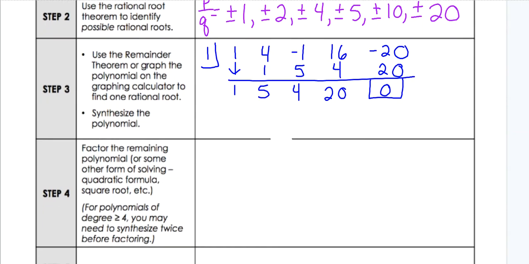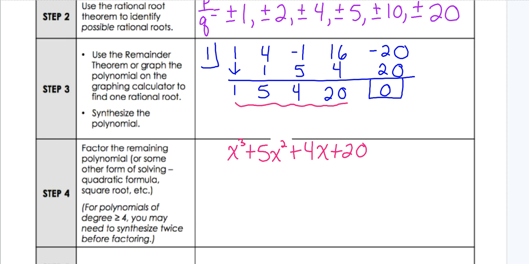So we're going to factor that remaining polynomial now. So remember, we've divided out 1x, so now I've dropped down to x to the 3rd power plus 5x squared plus 4x plus 20. So we use these up here to write our new polynomial.